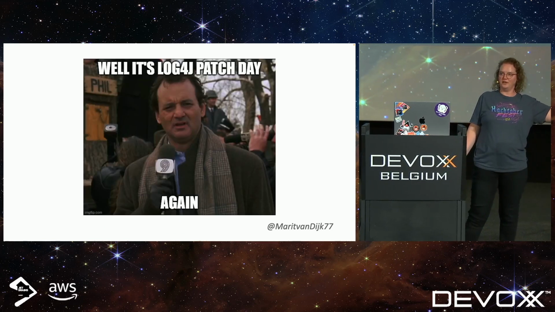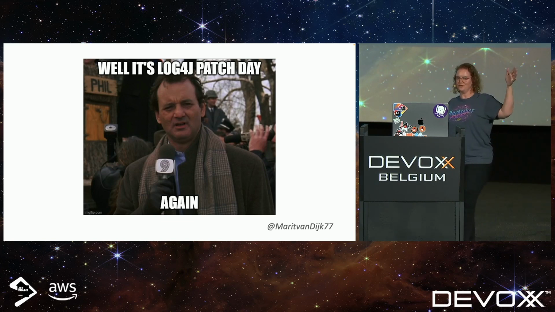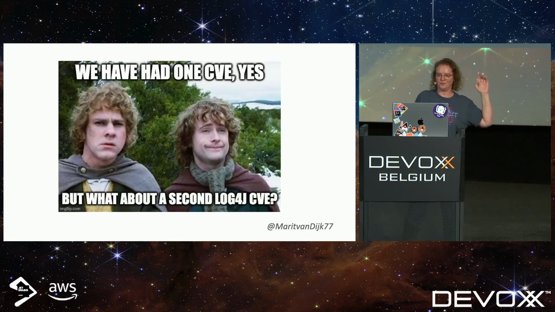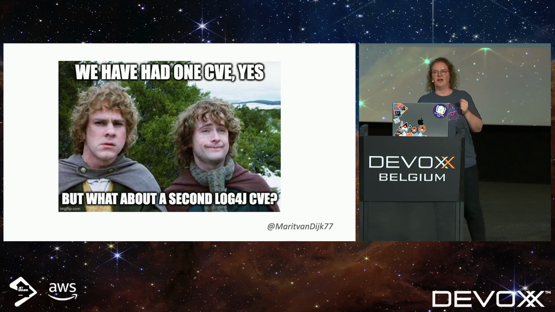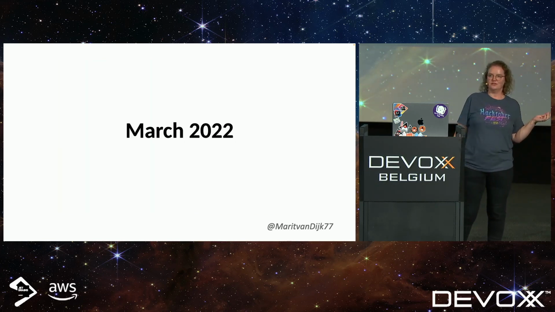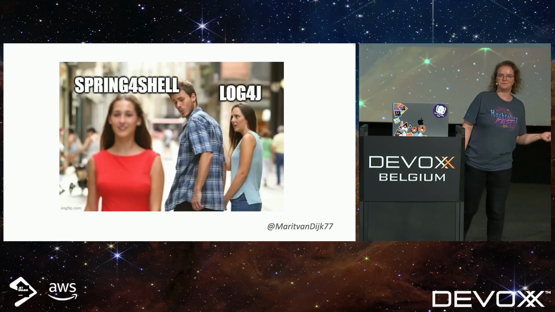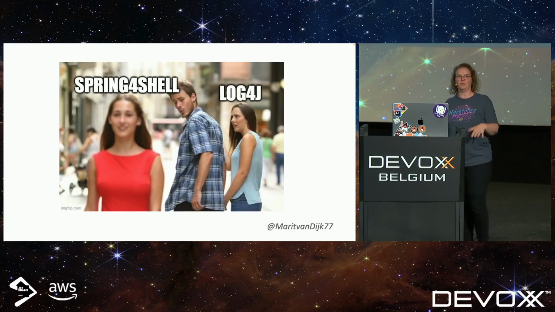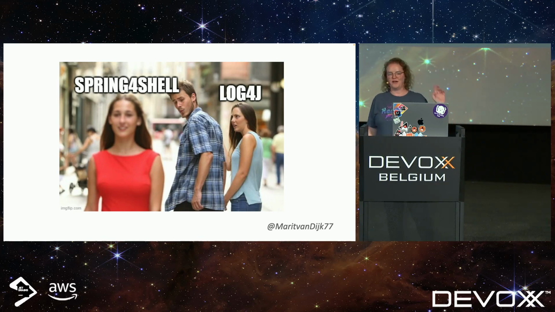In some cases, twice. I had to do it twice because we got it done fast the first time. The downside was that we had to do it again because after the first vulnerability, several others were disclosed. Fun times. And then in March of this year, we got to do it again because of Spring4Shell. The upside, of course, being that we had just practiced this in December, so at least in my case, it was faster this time.